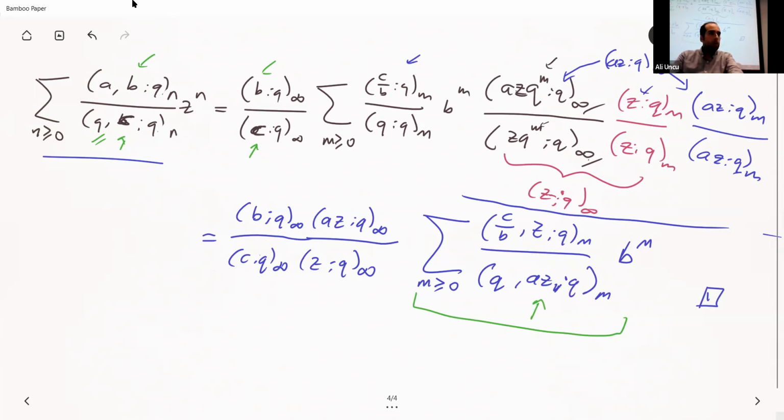The b choice, whichever we want to apply, can be c over b or can be z, right? You can either, but it doesn't really matter, and that's a good point.